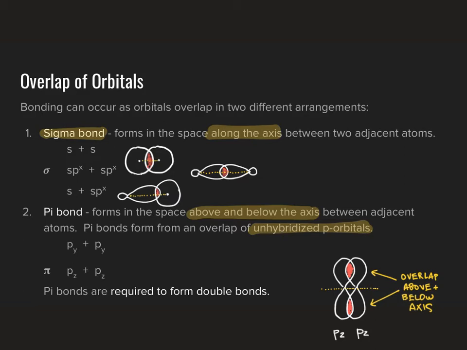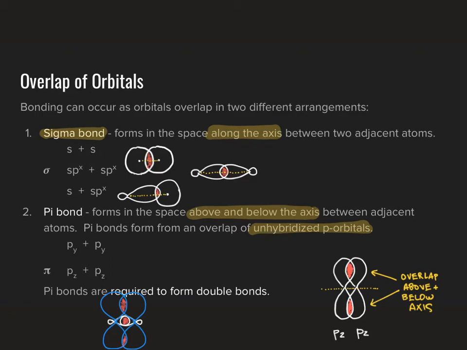So generally, when we see a double bond forming, the first bond of the double bond forms as a sigma bond between something like, say, hybridized sp2 orbitals. And then the next bond of the double bond will form from an overlap of either the py or pz orbitals of the adjacent atoms.